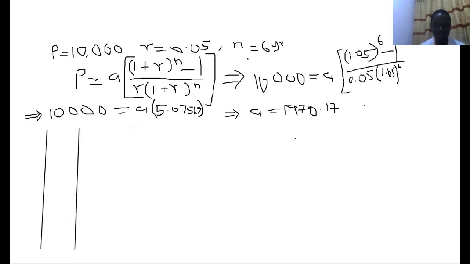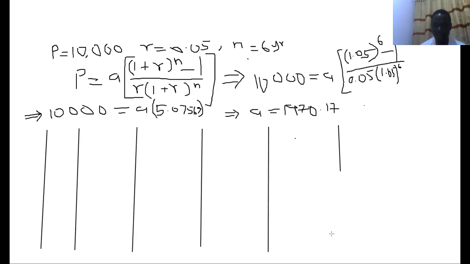The first column will be the years, the second column will be the principal amount. The third column will be the interest on the installment.